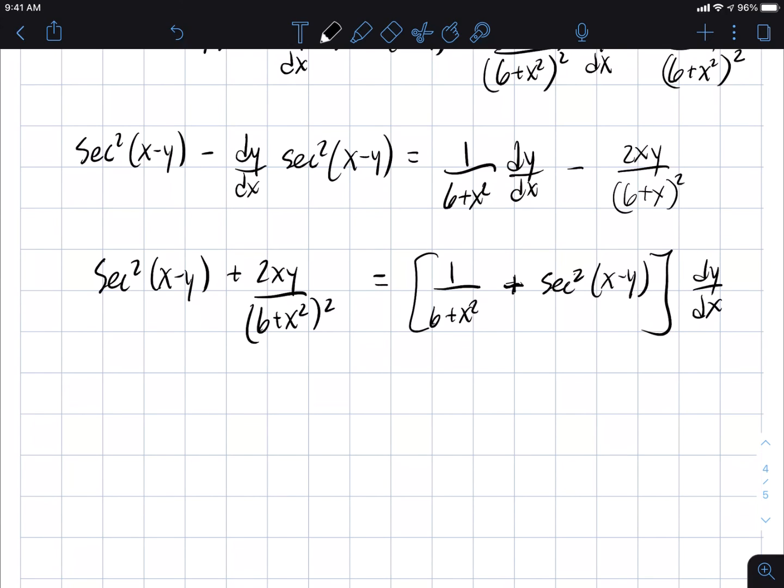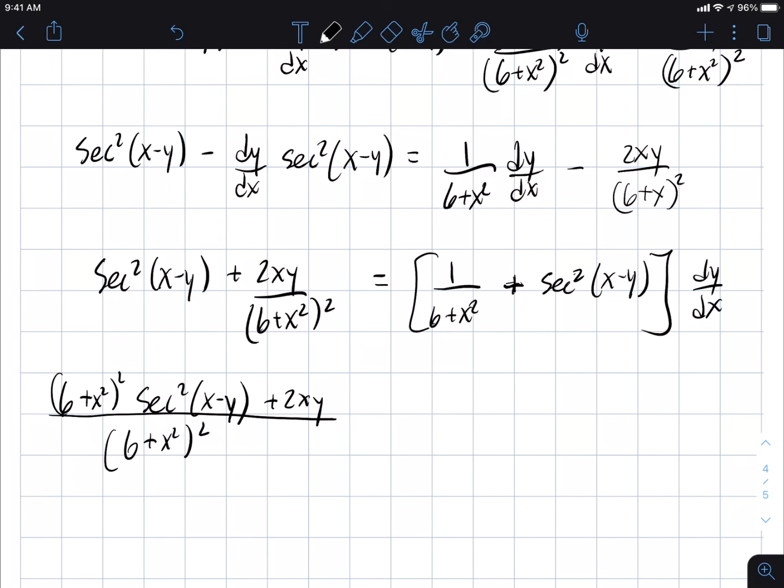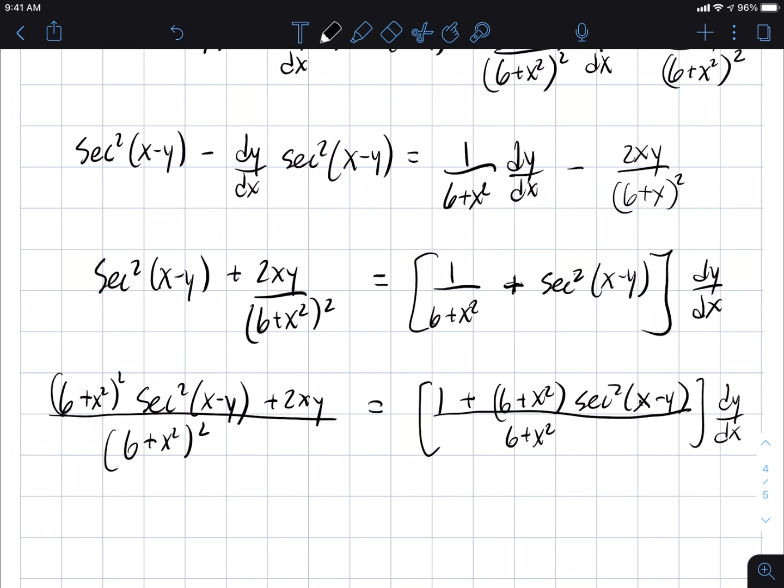All right. So I'm going to go 6 plus x squared squared times secant squared x minus y plus 2xy all over 6 plus x squared squared is equal to 1 plus 6 plus x squared times secant squared x minus y all over 6 plus x squared, dy dx.